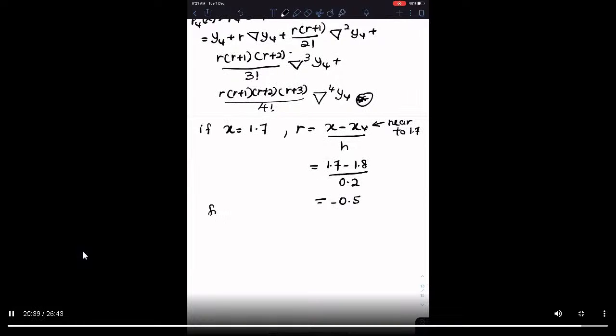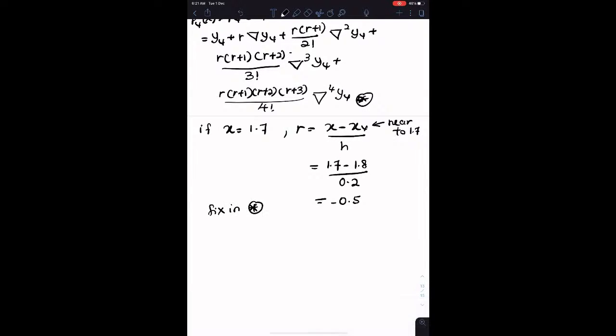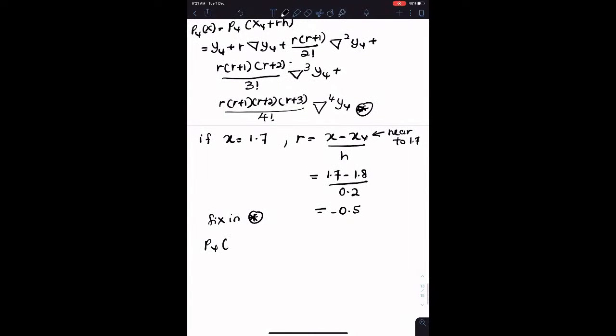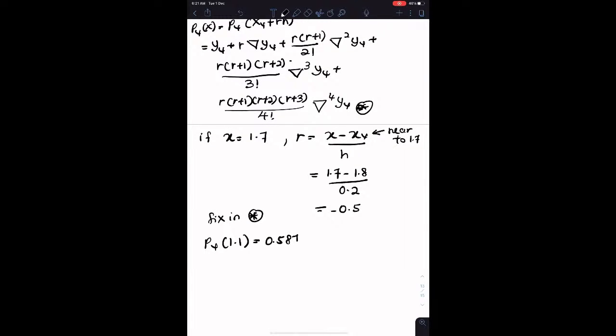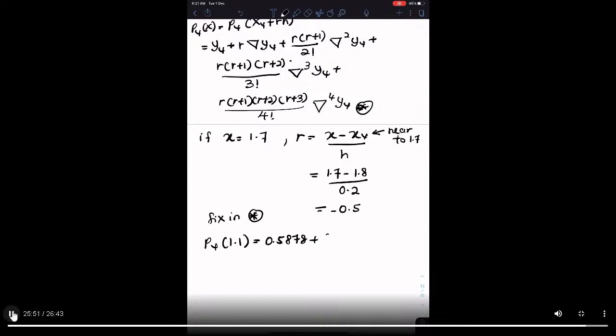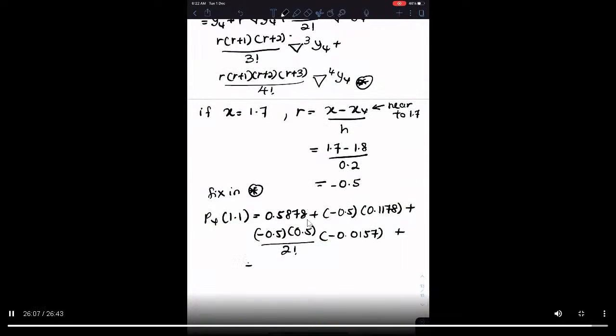You replace all R as negative 0.5, and x as 1.7. You insert the values. Delta 2, delta 3, delta 4 are already obtained from the table.